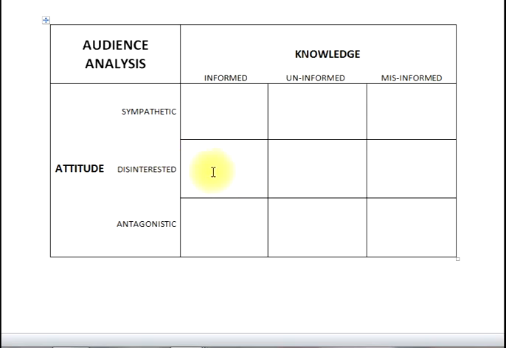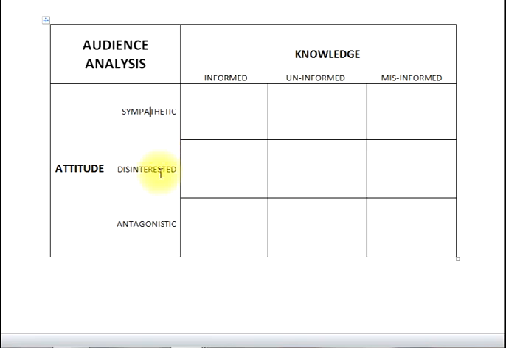Now, if they're informed and neutral, how are you going to approach them? They don't need information. Maybe they need an appeal to their emotions, or appeal to their values, or appeal to justice, or an appeal to ethics or something, but they certainly don't need more information. If they're disinterested and uninformed or misinformed, the hope is if you give them the right information, then they will move from being neutral to being sympathetic.